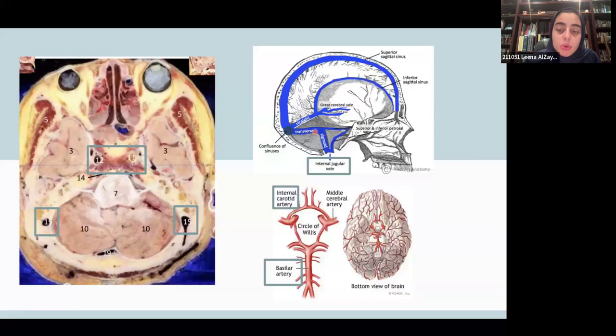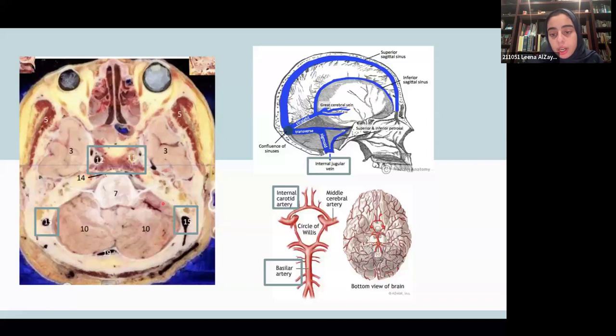Okay, and the transverse sinus, when it goes down, it becomes the sigmoid, and then the internal jugular vein. So it goes all the way down and becomes the internal jugular vein here, number 12. This drains into this.